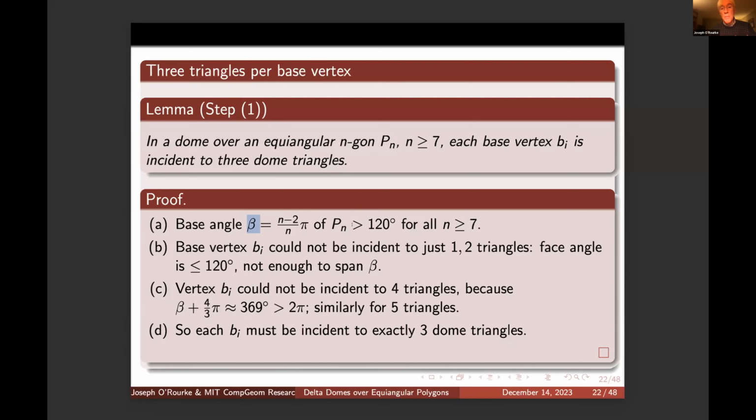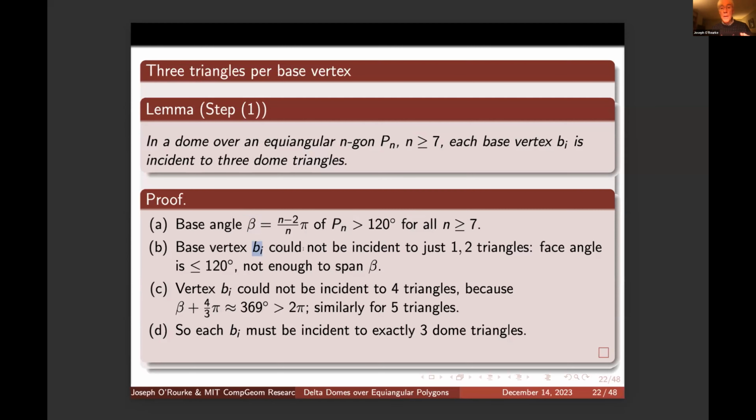For 7, it's 128 something, and it gets larger and larger. Okay, so they're all greater than 120. So now imagine that a base vertex is incident to just 1 or 2 triangles.